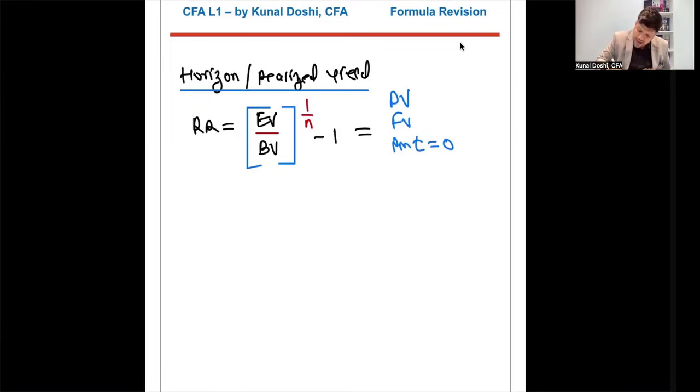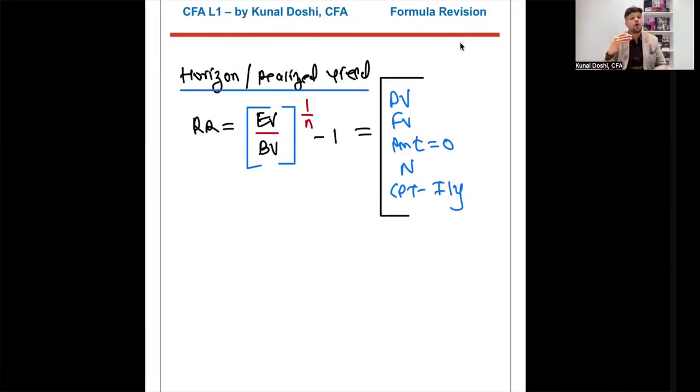And then N is the holding period, and then we compute I by Y. So it is the same technique, just that you can do it manually also. Realized return is the actual returns on your investment. It is not the same as YTM. You compare it with YTM to find whether the realized returns will be higher or lower. In the class, we've discussed this technique without calculation also. So without calculation also, you can identify whether it will be higher or lower depending on the information given.